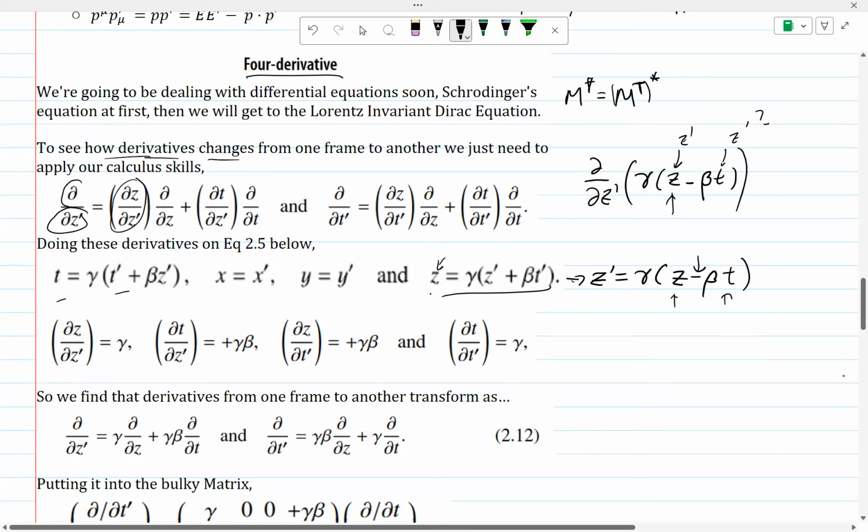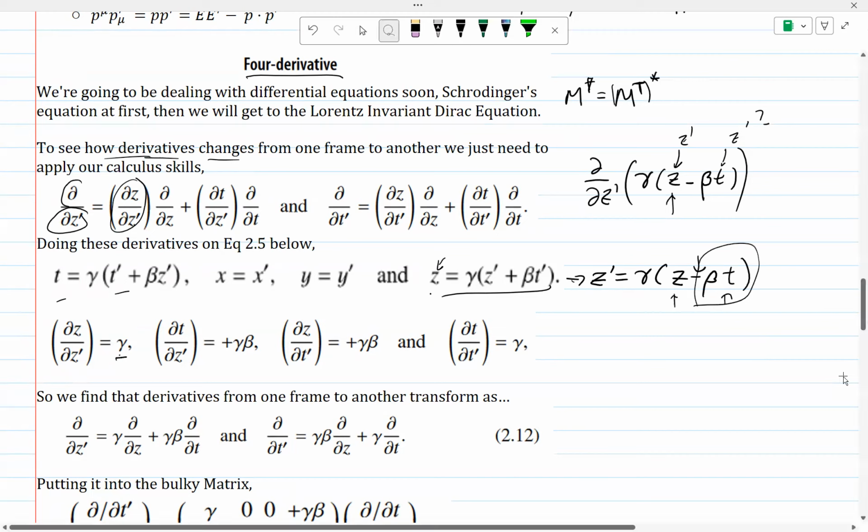If I just take the partial derivative here, the partial derivative of z with z prime is just gamma, because the t is constant, you just ignore that. And then the derivative with respect to z is just gamma times z, which is actually gamma. This little piece here.